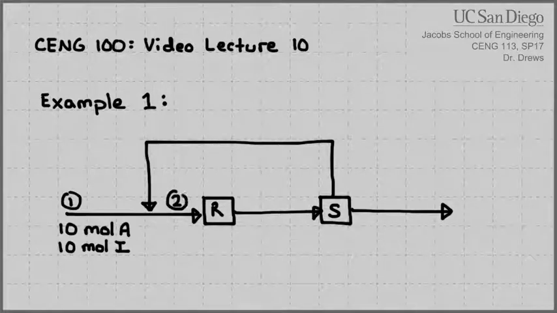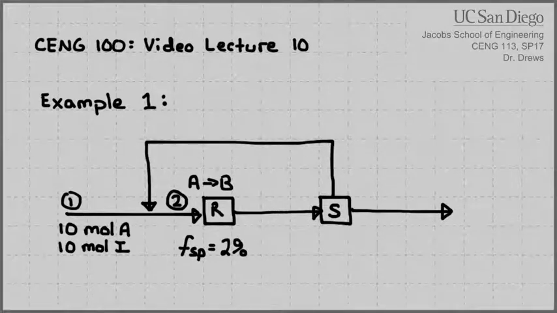This will be stream 2, which is the reactor feed. Inside the reactor is the reaction A goes to B, and the single pass conversion inside this reactor is going to be 2%. Remember, single pass is dealing with just the reactor. We also saw an overall conversion, and we'll see that in a moment.